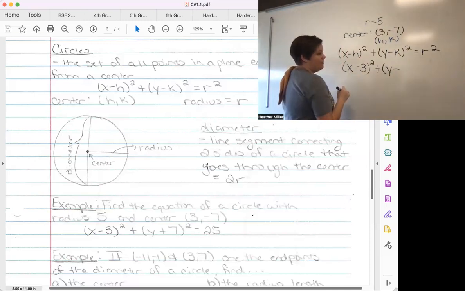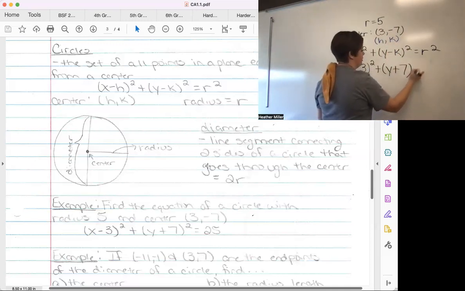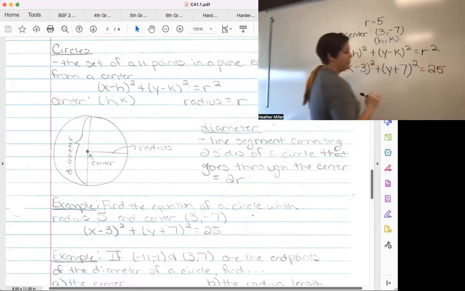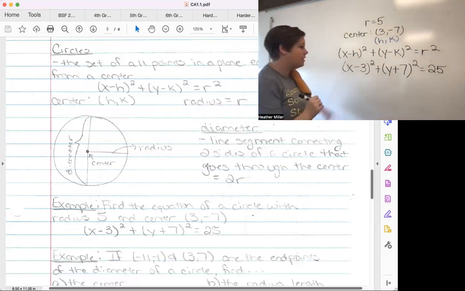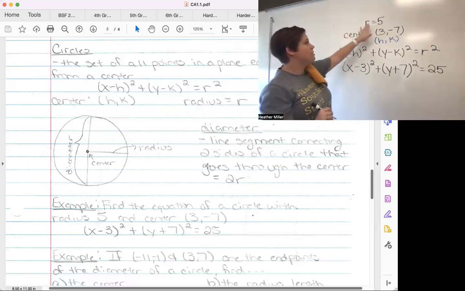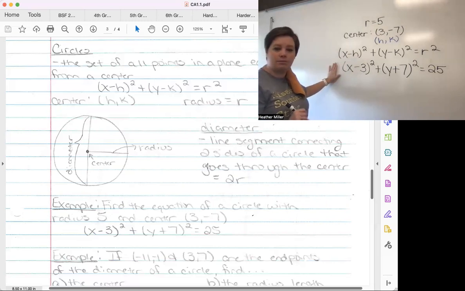My k is negative, so we have a minus a negative, which will give me a positive. And then r squared, well, 5 squared is 25. This is the equation of a circle with a radius of 5 through the center point (3, -7).